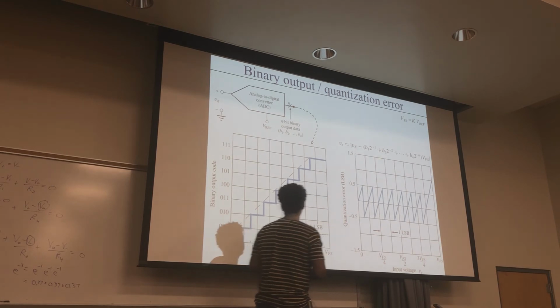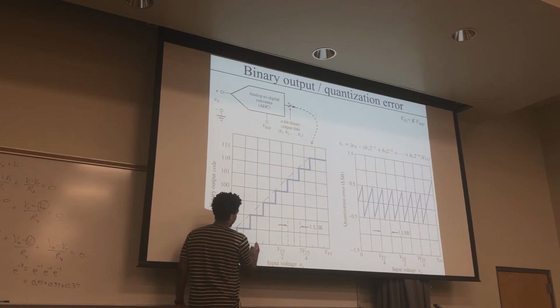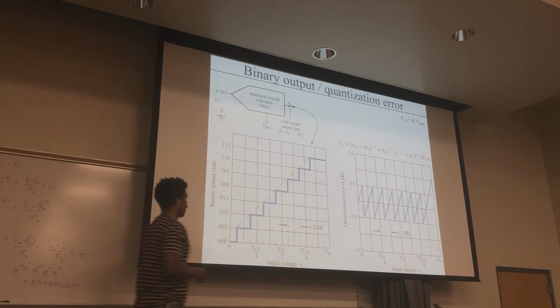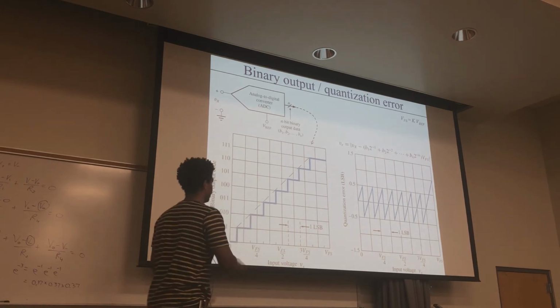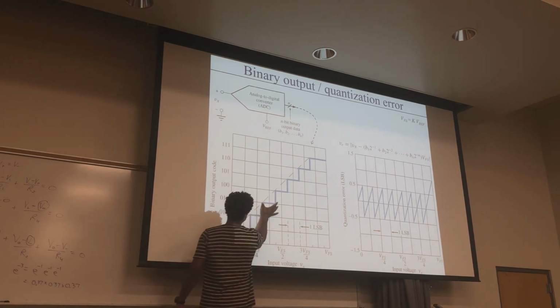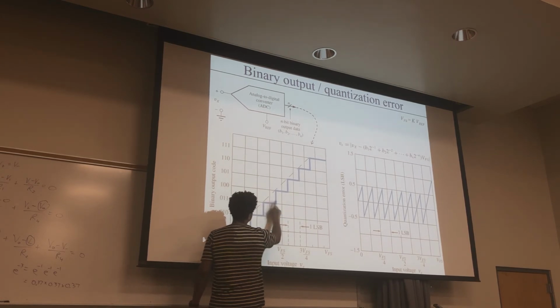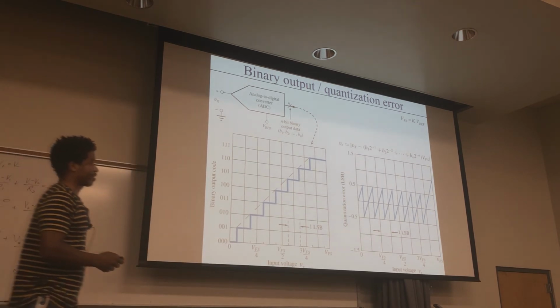Okay, and so what can happen is that you don't have to be exactly at this value. You could be a little bit over this way or a little bit over that way and still get the right value. Okay, and in this case, it's half of the least significant bit either way. So this whole thing is one least significant bit size. And this is half of that. Okay, so there is some slack to play around with, and there is going to be some slack.